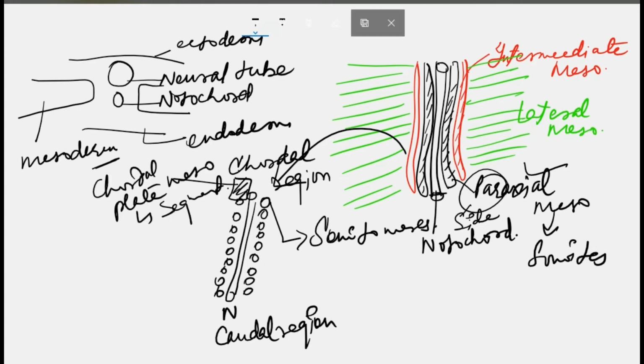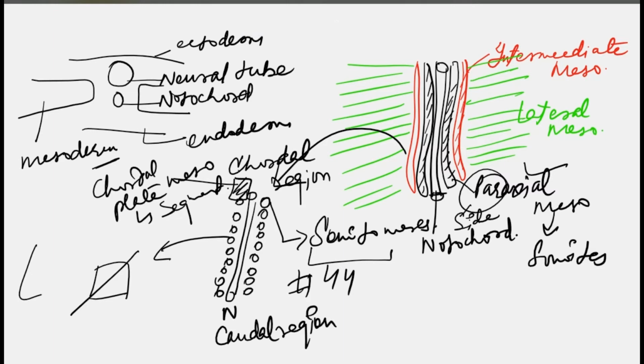They don't undergo segmentation, and the rest of the mesoderm lying below this caudal plate mesoderm is going to get segmented. These somitomeres could be around 44 in number. If we see them in a cross section, they have a triangular cross section like this, and they have a cavity inside also.